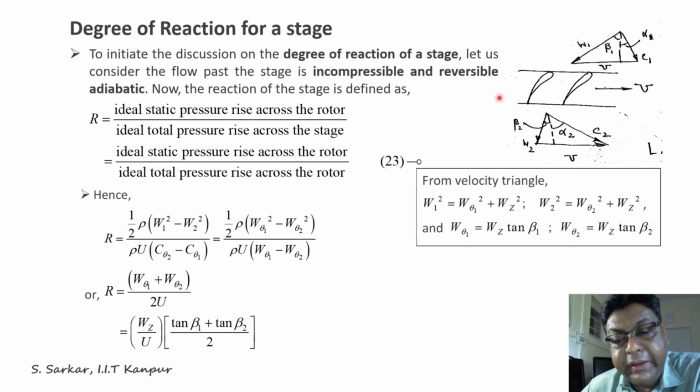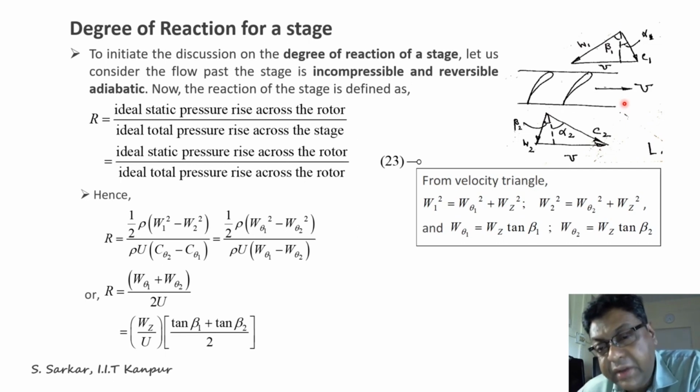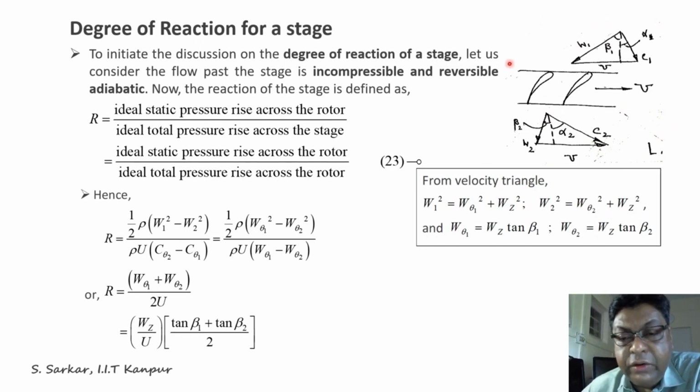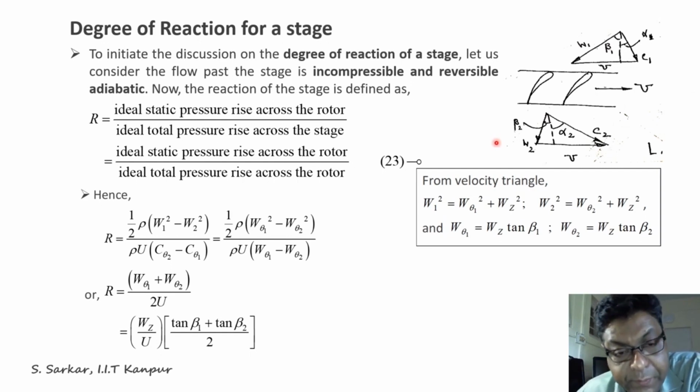Here I have indicated the velocity triangles at inlet and exit of a rotor, where U is the blade speed, W is the relative velocity, C is the absolute velocity, beta is the relative air angle, and alpha is the absolute air angle. The subscript 1 represents inlet and 2 the exit. I have illustrated all the velocity triangles before.